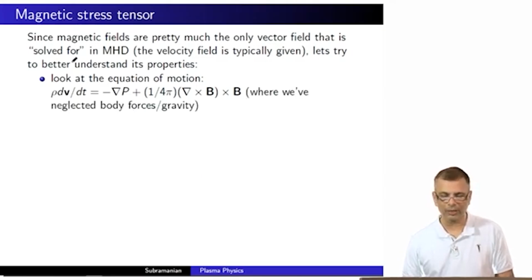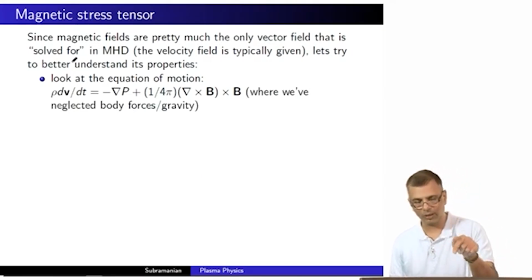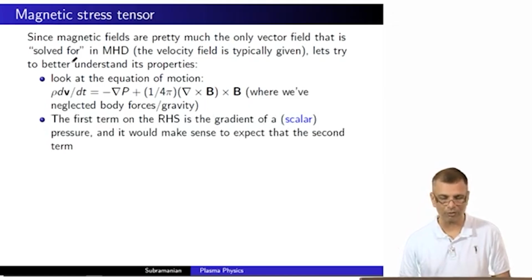So you look at the equation of motion, where this contains only the pressure term, the gradient of pressure term, and the Lorentz force term. We've neglected body forces of gravity.